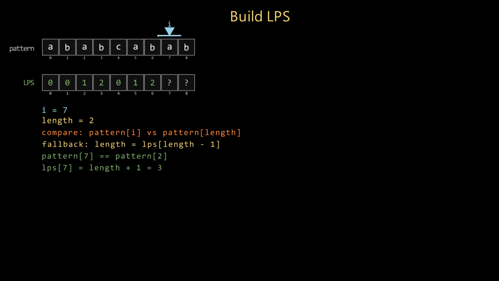For cell 7, they match, so length becomes 3, and LPS at 7 is 3. For cell 8, they match, so length becomes 4, and LPS at 8 is 4. The completed LPS array is 0, 0, 1, 2, 0, 1, 2, 3, 4.